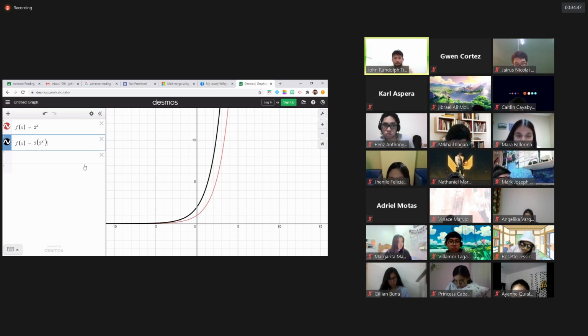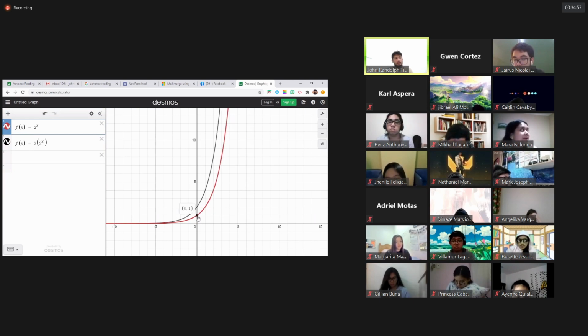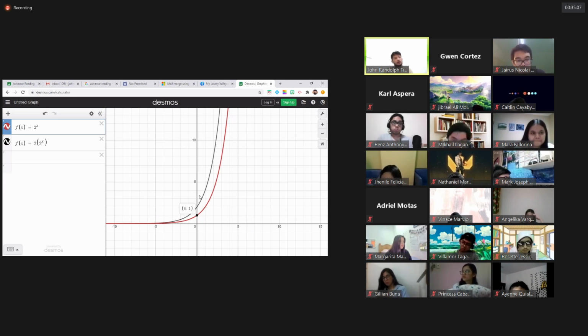Okay. So look at here. Your graph, the red one is your f of x equals 2 to the power of x. And your black one is your graph of f of x equals 2 times 2 to the power of x. Now, what can you say about the graph of the one in black?